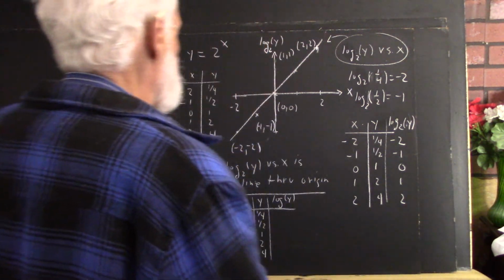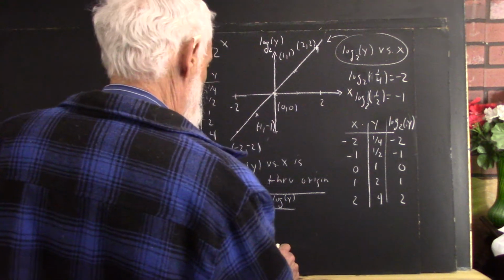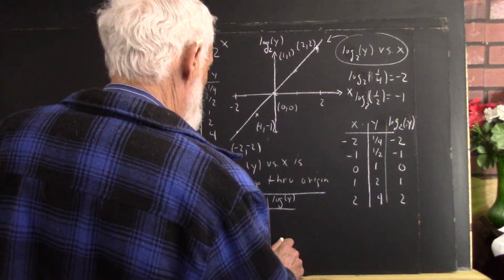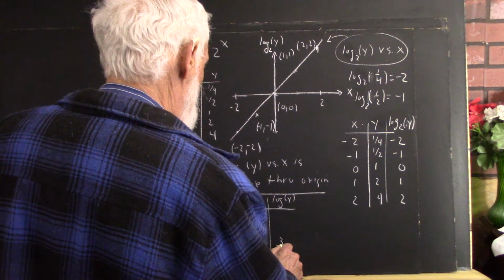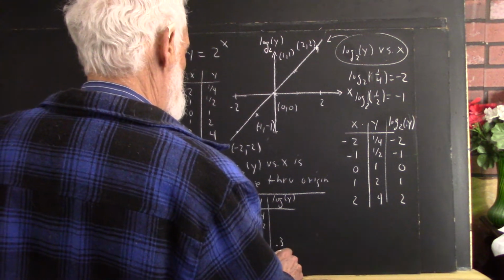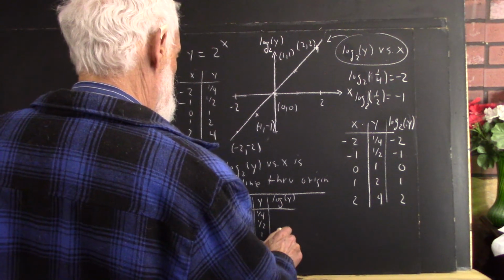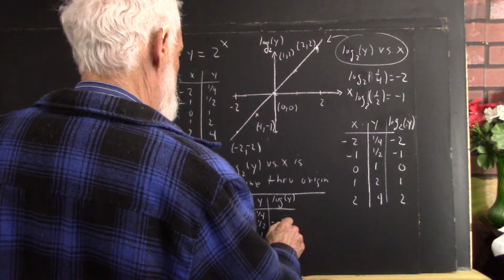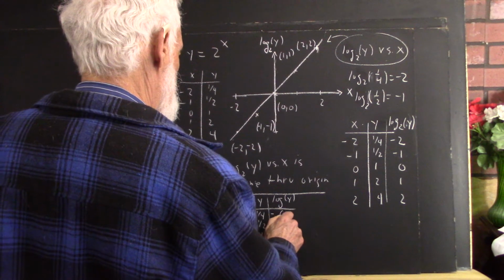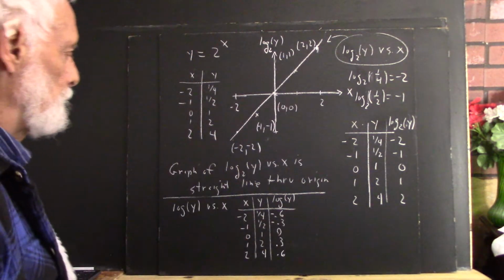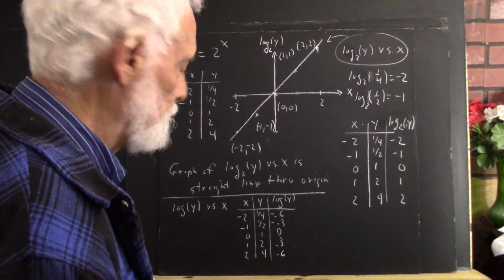So I know that this is 0.3, and it'll follow that this is 0.6, this is 0, this is negative 0.3, this is negative 0.6.